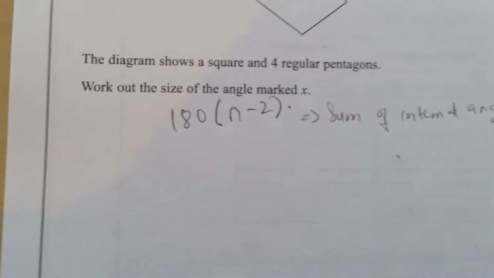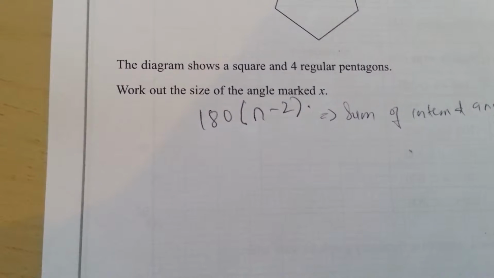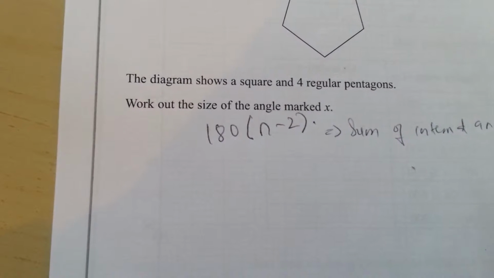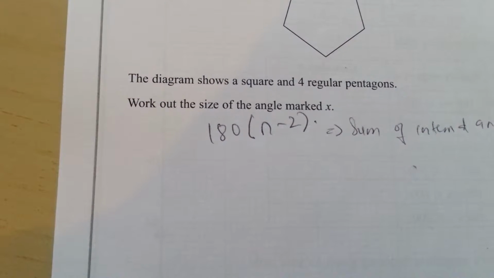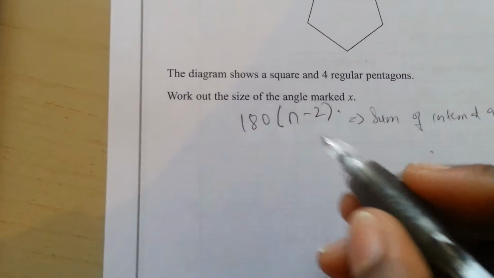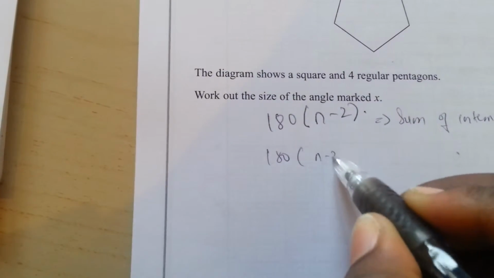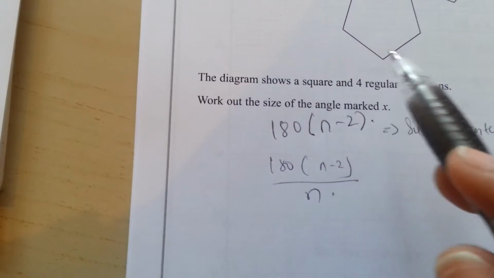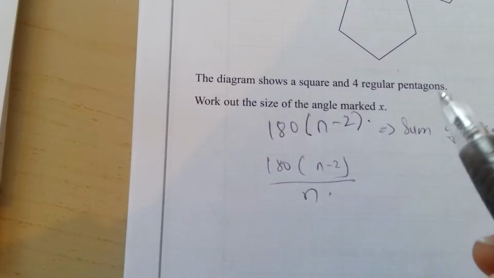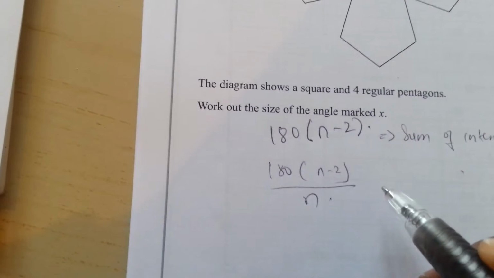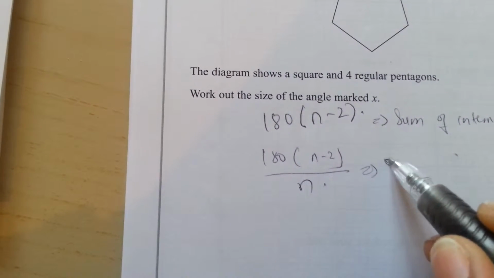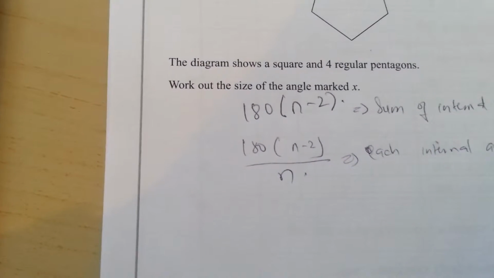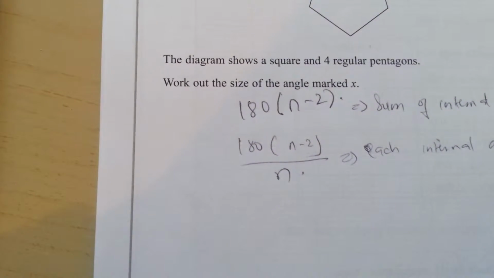Now, if you want to find out each internal angle, that's one internal angle, we're going to do 180 into n minus 2 over n. We'll get the total of all the angles inside the polygon, then we'll divide by the number of sides. That's each internal angle of a polygon.